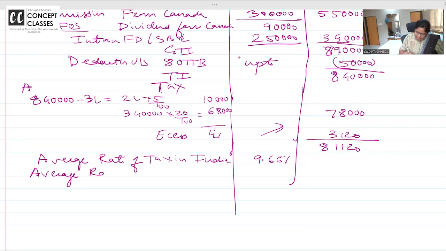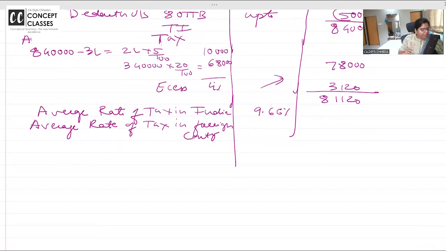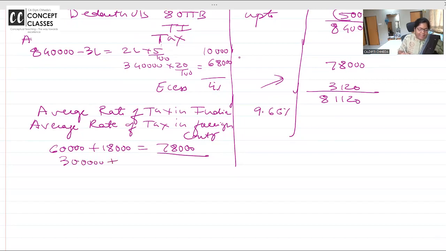What is the average rate of tax in a foreign country? How much average rate of tax are you paying in the foreign country? So on the income from Canada, in one you paid 60,000 tax plus 18,000, that is 78,000. You have paid 60,000 on 3 lakh, plus 18,000 on 90,000.